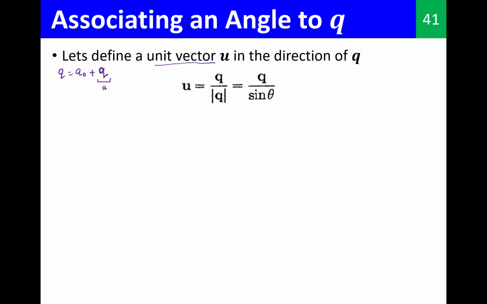And the norm of q is equal to sine theta, right?